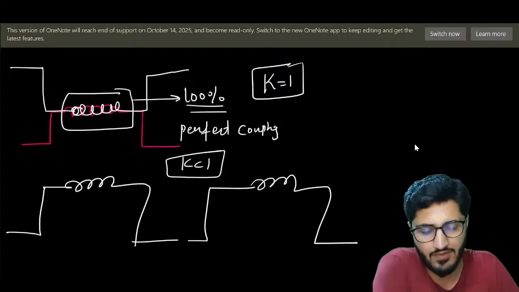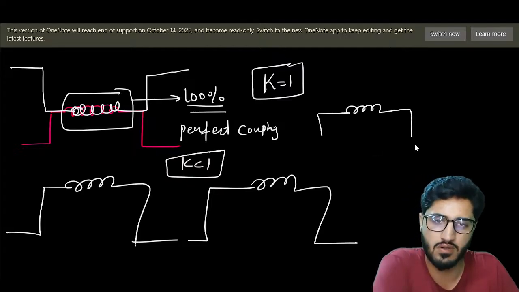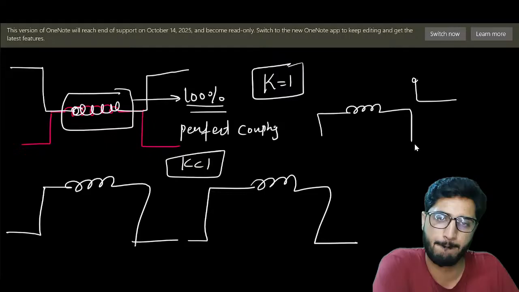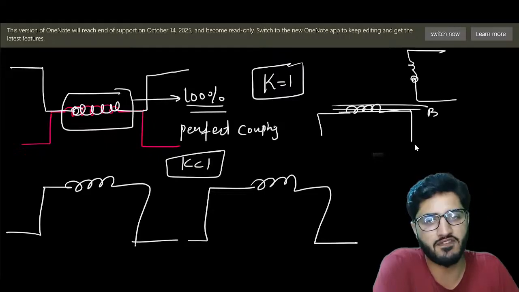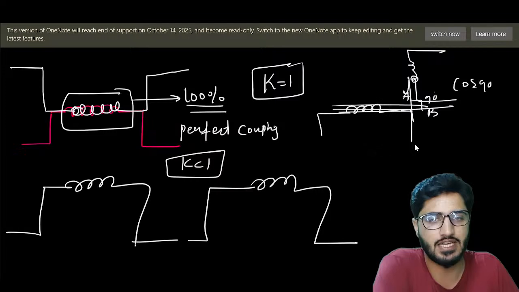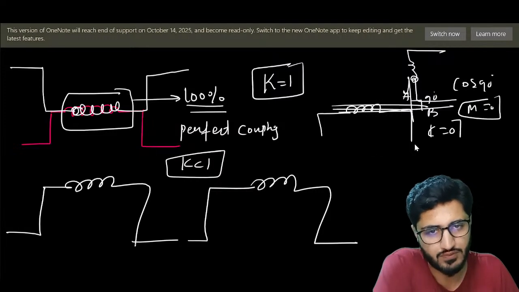One more case. If we are having something like this, look, this is my magnetic field, this is my area. Just increase it now. So angle is 90, cos 90 is 0, so M equals to 0. So K equals to 0.